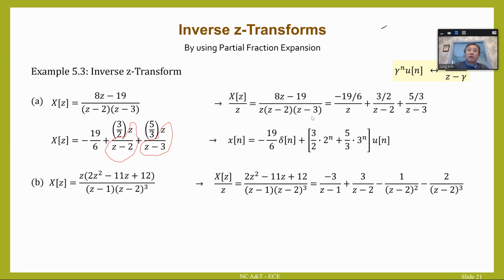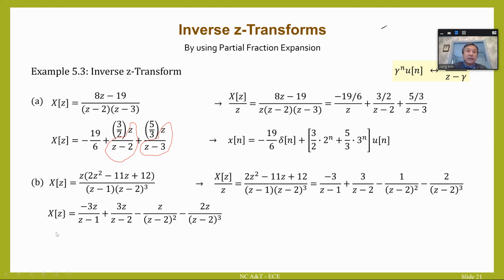So first we divide by z, which eliminates that z, and then we use partial fraction expansion. You need to use a calculator. After that you multiply every term by z again, so this goes back to the normal X of z.